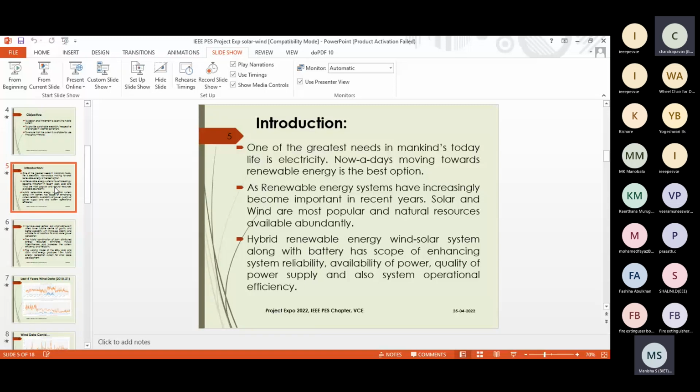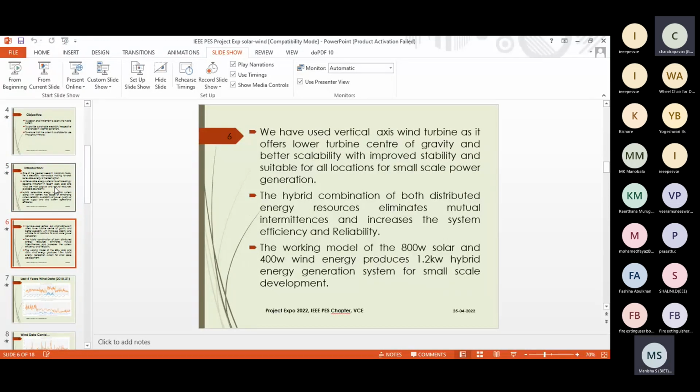The hybrid system of solar and wind is more reliable, the availability and quality of power is improved, and we can also get more efficiency when compared to single systems. In our project we have used a vertical axis wind turbine because it is suitable for all locations, and it can operate at low speeds compared to the horizontal axis wind turbine.